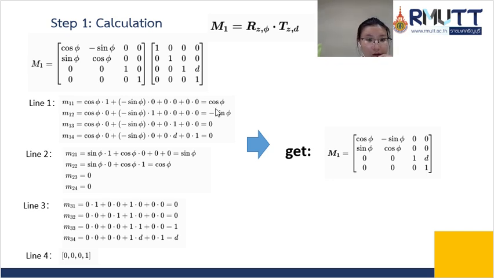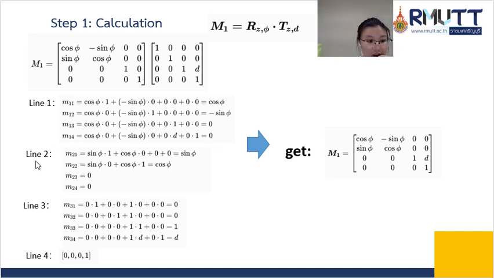So the first row is cosine phi, negative sine phi, 0, 0.